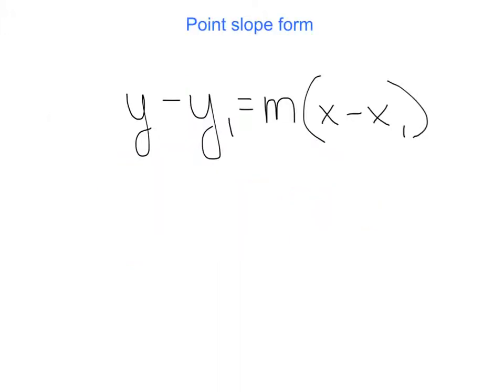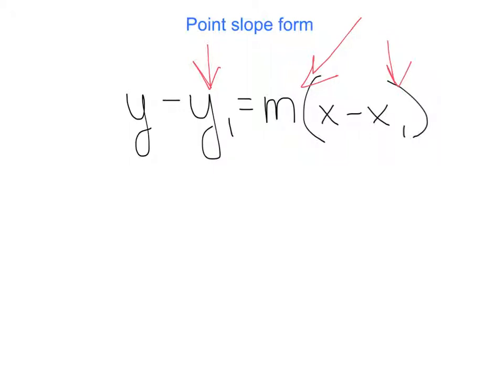And there's one more form that we're going to talk about, and this is the point-slope form. With this, you must have the slope, so you may have to use one of the other forms that we've learned, either the definition of slope or counting the rise over run. And then you want to plug in your y1 and your x1 from the set of points that you've been given.